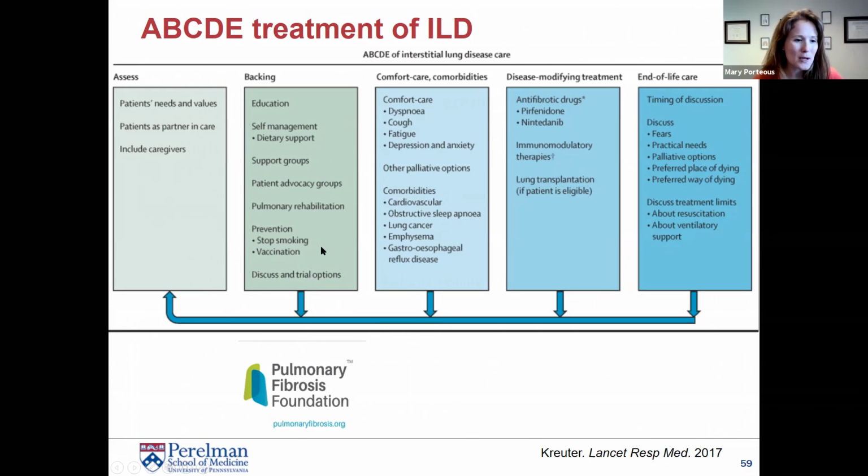Encourage them to stop smoking. Manage their comorbidities, which I'm going to get into in a minute. We talked about disease-modifying drugs, but notice that's just one arm in this spectrum of things that we can do for patients. And as they near end of life, talk to them about end-of-life discussions or treatment limits of what they do and do not want.